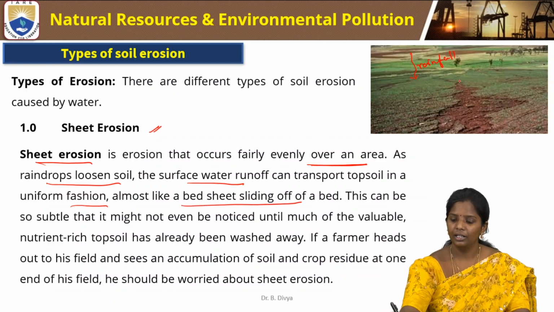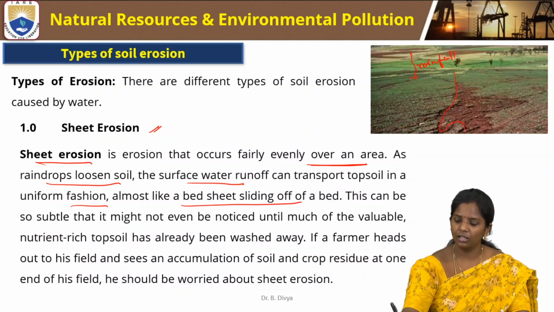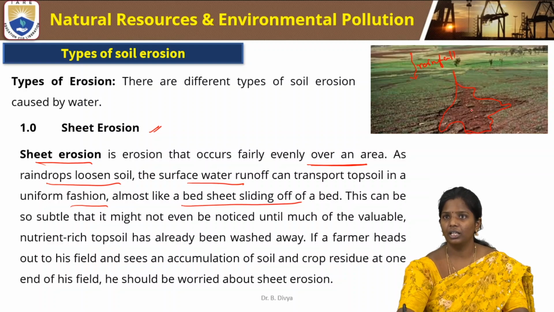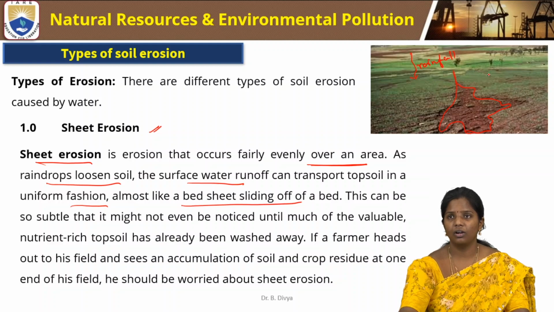If we see this picture, there is removal of this part of soil. This is because the rain is loosening the soil particles and removing them like a bed sheet in a uniform fashion.